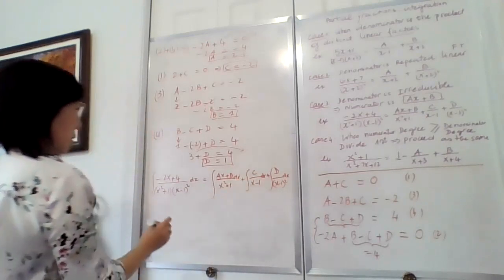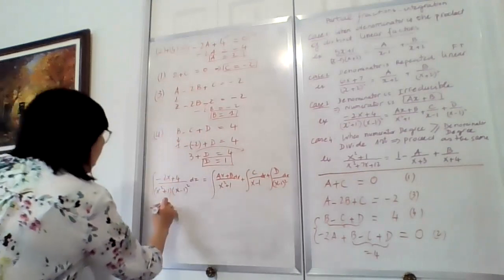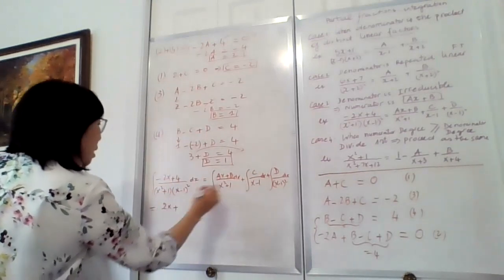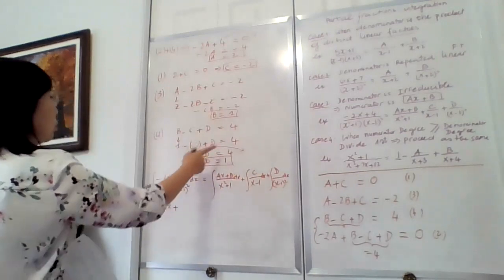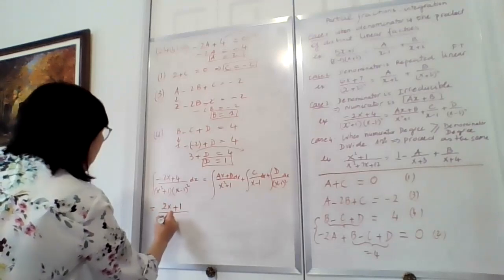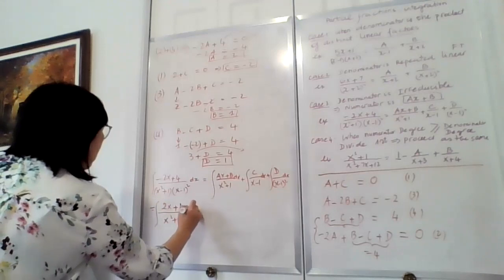Okay. So now we're going to substitute a. What is our a? A is 2. So we have 2 times x plus b. Our b equals 1. 2x plus 1 on top, down here x squared plus 1.